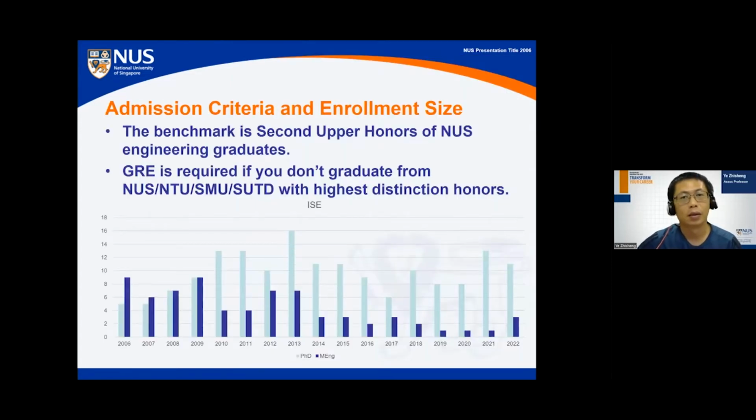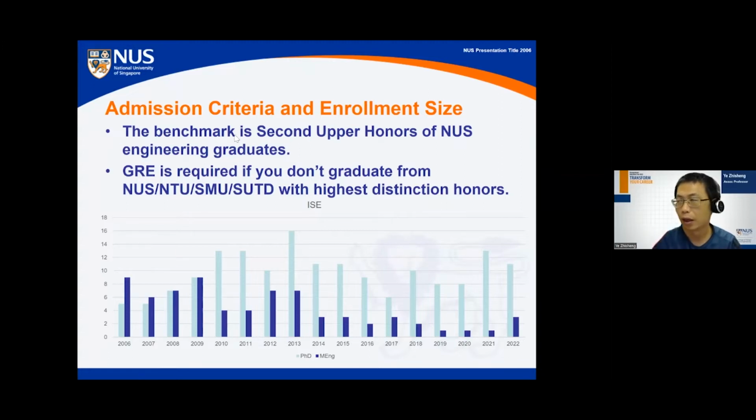Next is our admission criterion. If you apply to our PhD program, we have a cutoff. If you graduate from NUS, like if your bachelor degree is from NUS, then our requirement is that your CAP should be at least 4.0.